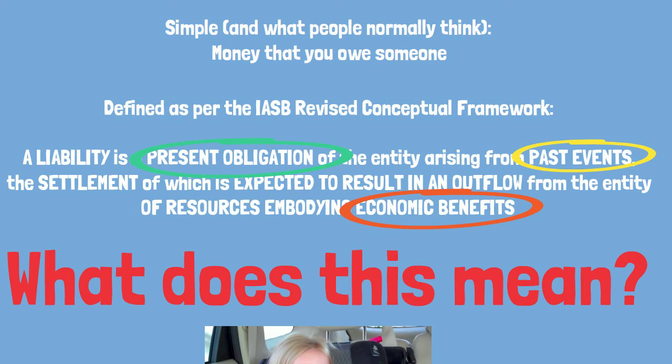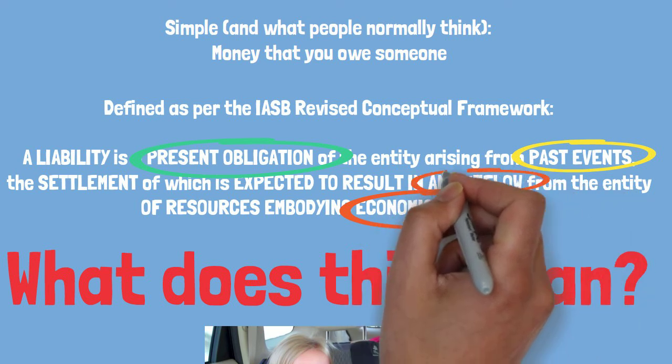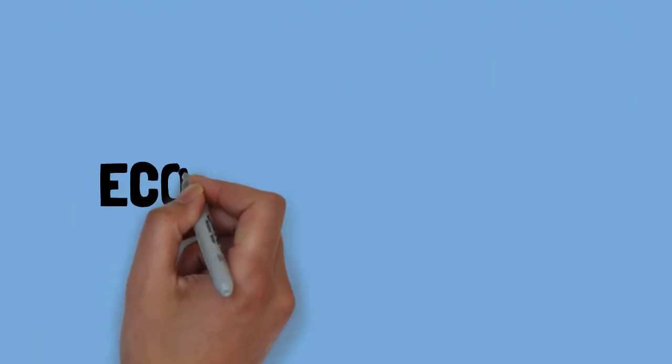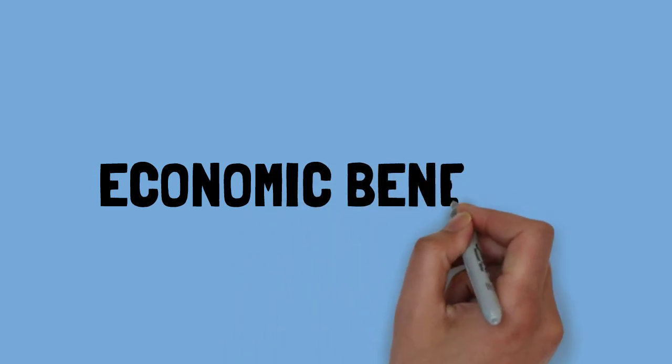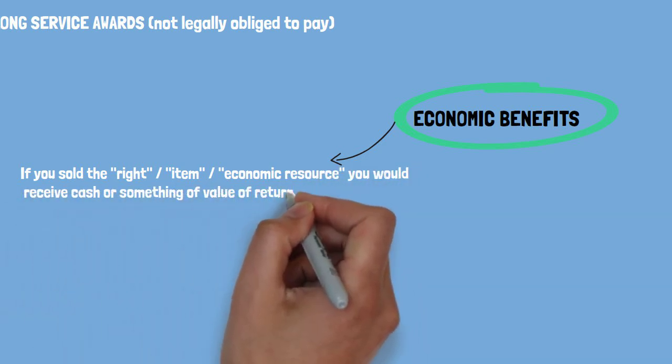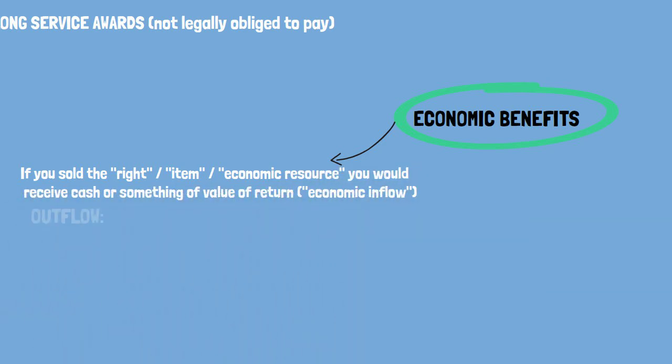Now the last bit: the settlement of which is expected to result in an outflow from the entity of resources embodying economic benefits. Well, we know what economic benefits are. We spent ages going through it in the last video. I'm not going to spend as long going through it in this video, but we will just run through them quickly. So, different ways an economic benefit can arise is, simply if you were to sell an asset, an economic resource, then you would receive cash or something else for it.